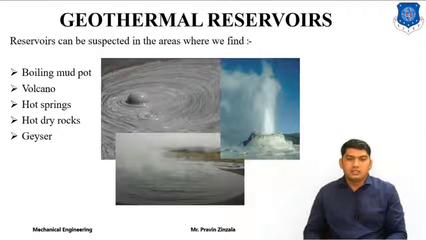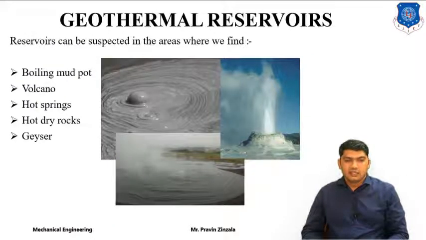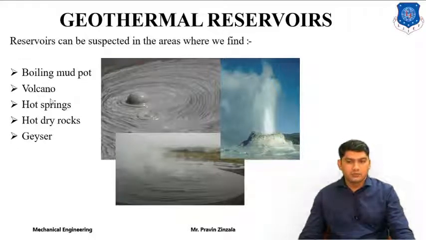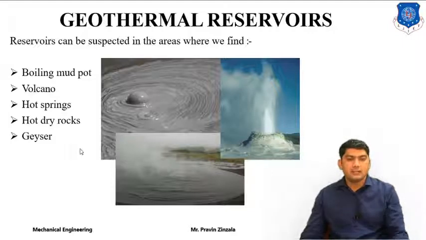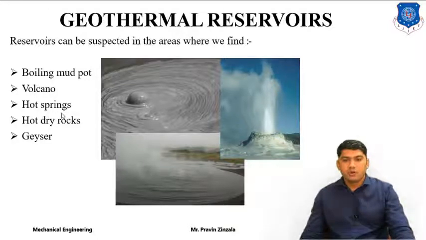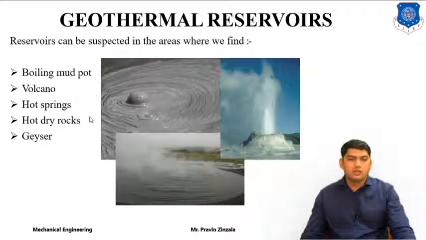Next are geothermal resources. There are many resources of geothermal energy, such as boiling mud pots and volcanoes, created due to the high temperature and high pressure of the earth's crust. We get energy from volcanoes, hot springs, hot dry rock, and geysers. These are the sources of geothermal energy.